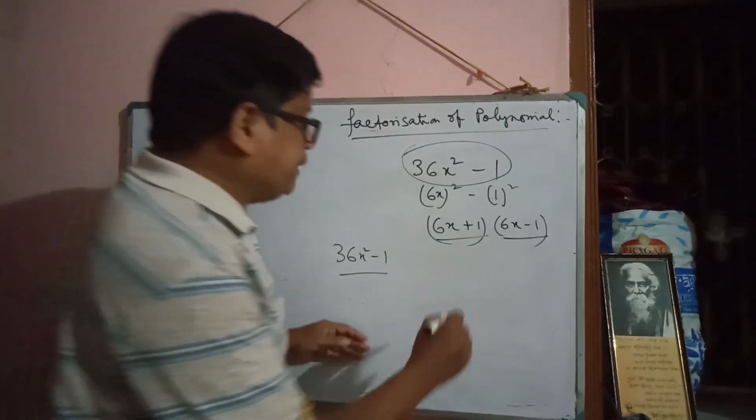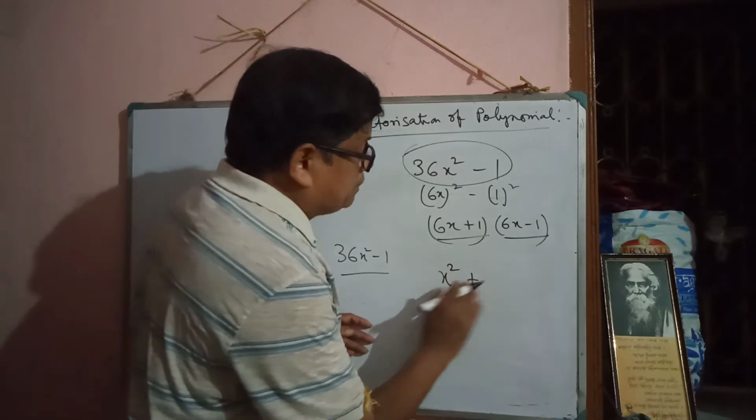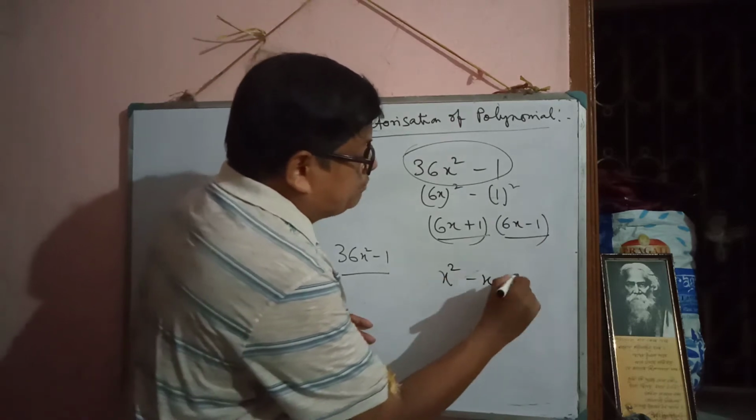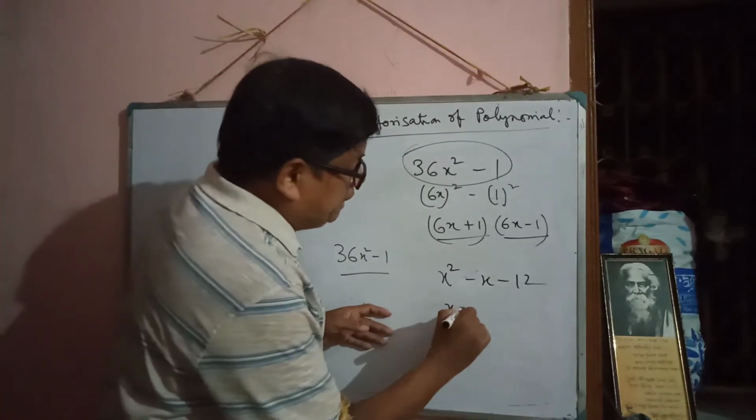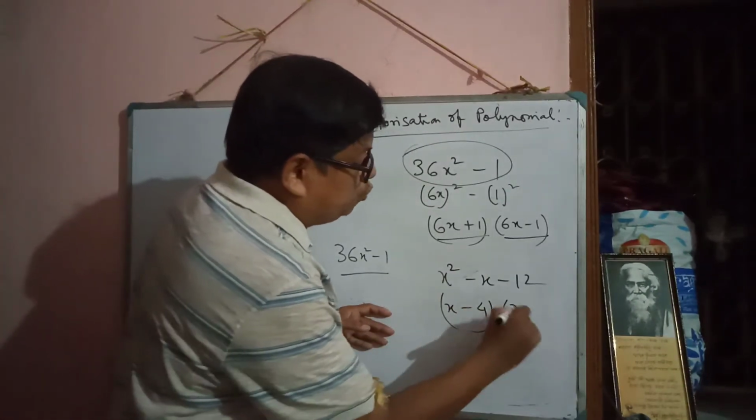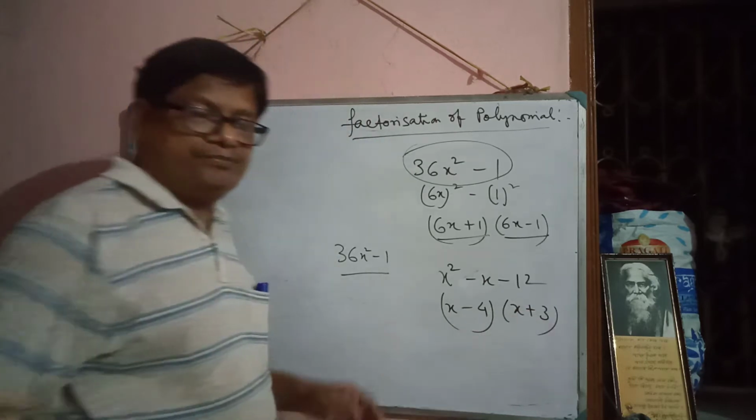Suppose x square minus x minus 12. If we factor, we get x minus 4 into x plus 3.